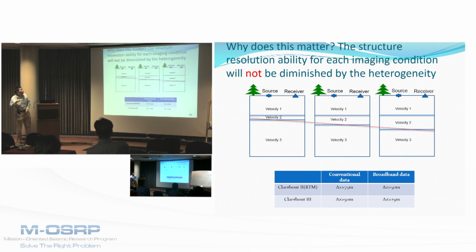That's because the structure resolution capability of each image condition will not diminish with heterogeneity. So when we talk about the resolution difference between C2 and C3, if we implement it correctly, it will not be influenced by a heterogeneous or homogeneous overburden. The numbers you see in the table will be the same.